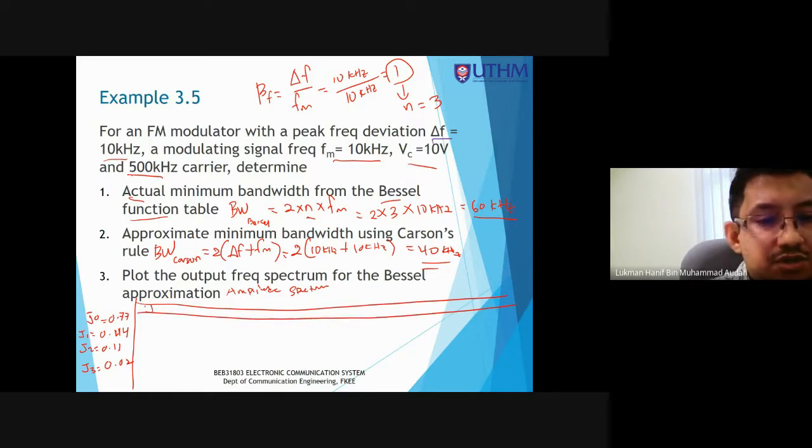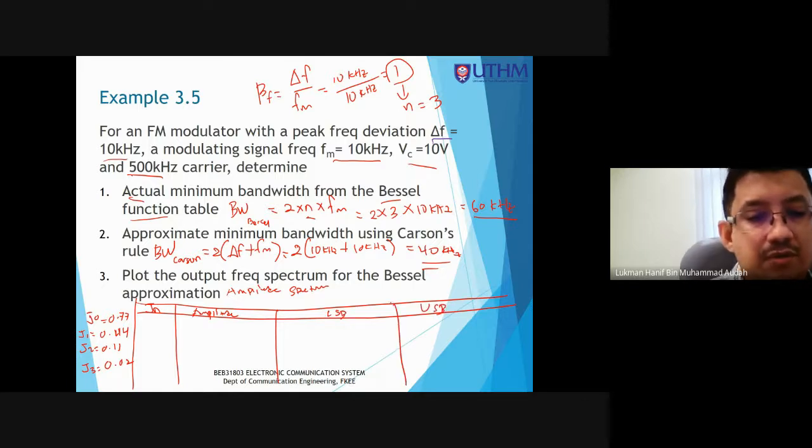Okay, so this is Gn. And then this is amplitude. This is LSB. This is the USB. Okay, so the first one is J0. The amplitude is 0.77 multiplied with VC, which is equal to 10.